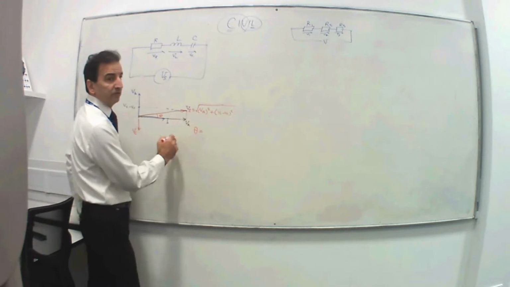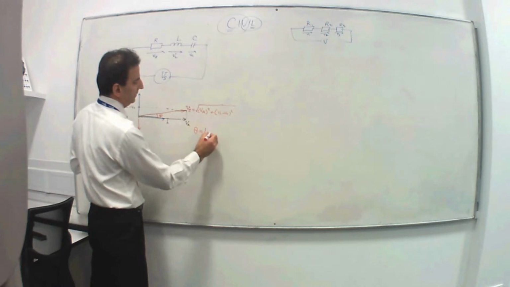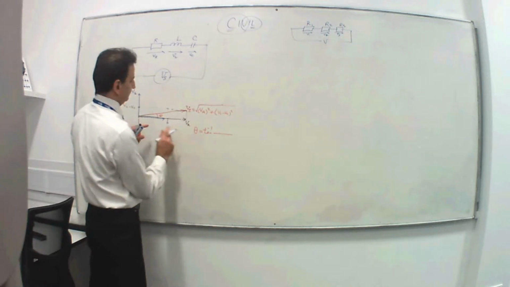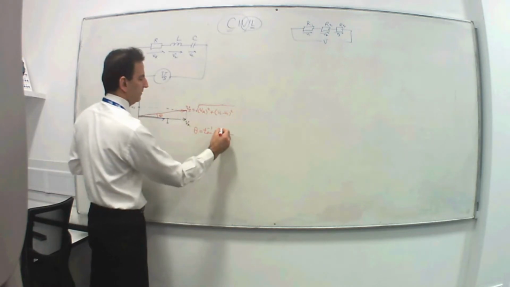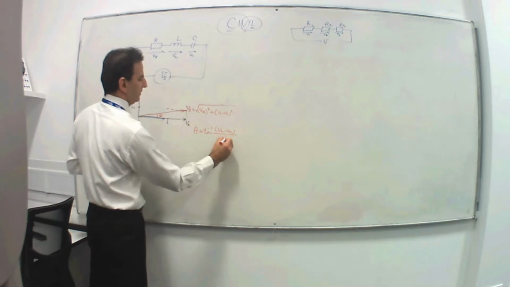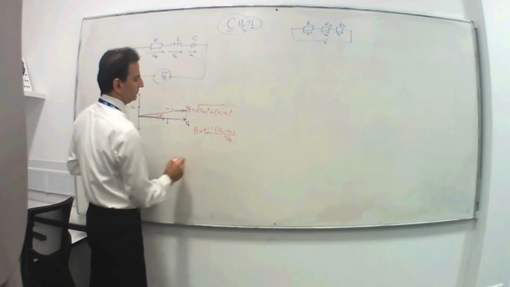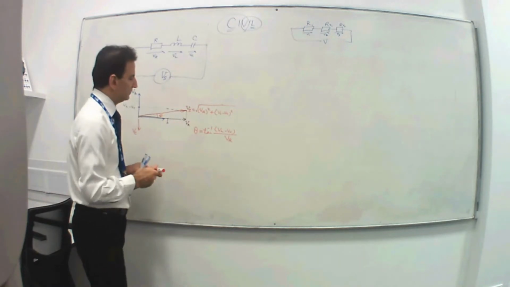So theta, you can use trigonometry to find that. Inverse tan of VL minus VC over VR, and that will give you the phase angle in degrees.